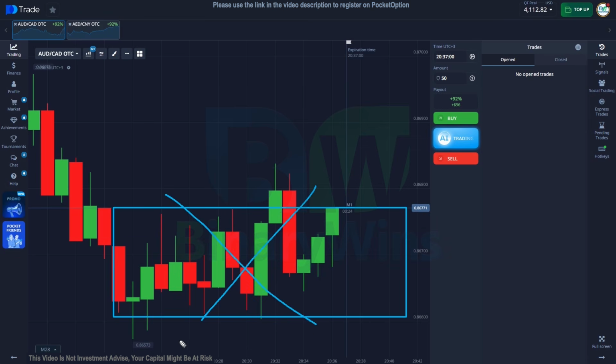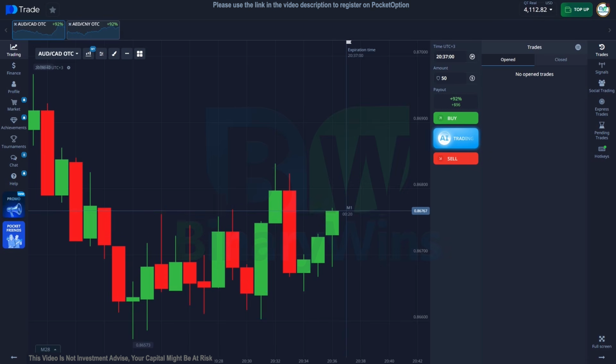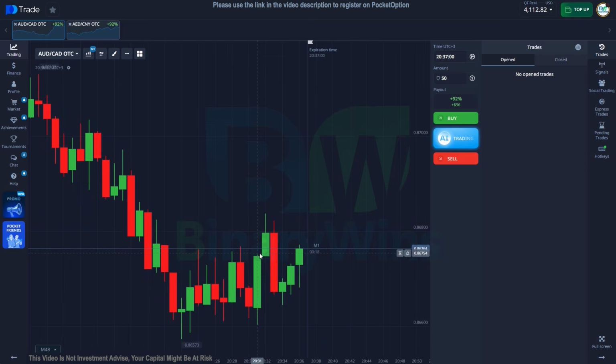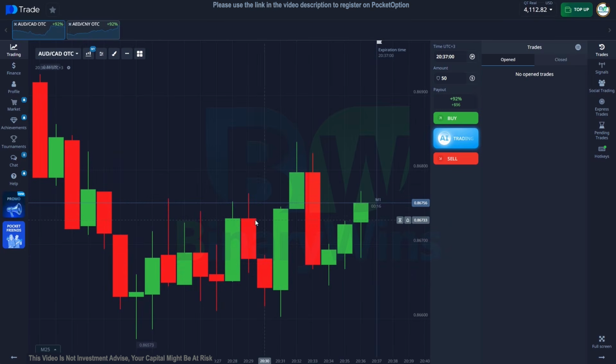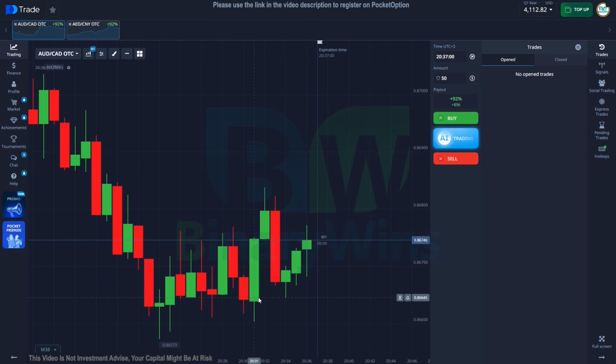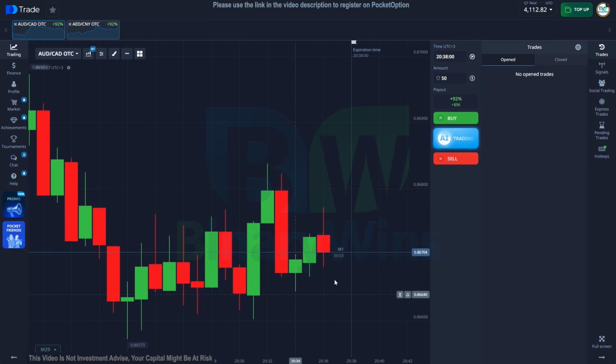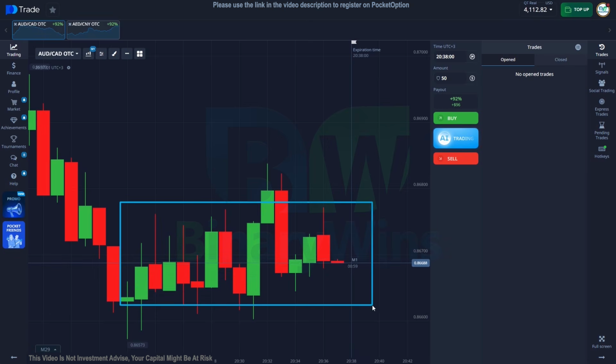Remember that candlestick patterns do not work in consolidation areas. So, you have to be careful. In the consolidation area, we can only pay attention to the levels.